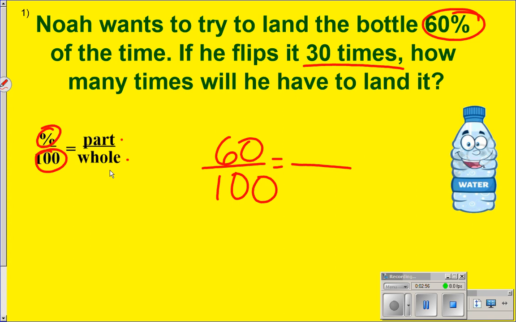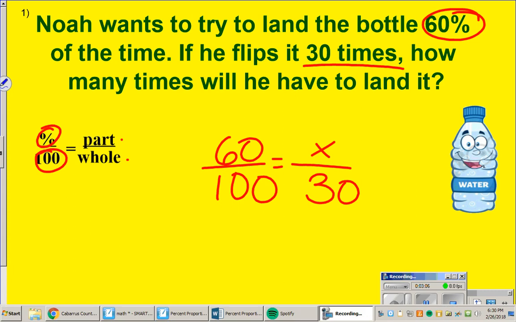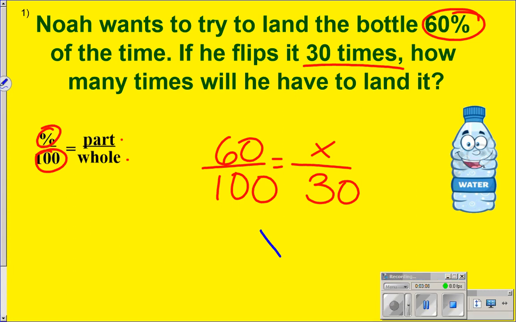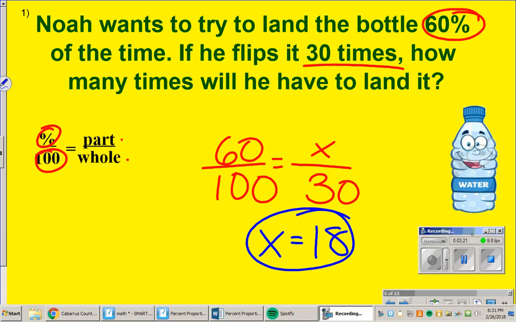He flips it 30 times, and you want to know how many times it landed upright. 30 is the whole amount of times you flipped it, and you want to know how many times it landed upright. If you work that out, if Dylan wants to land it 60% of the time, it's going to land upright 18 times.